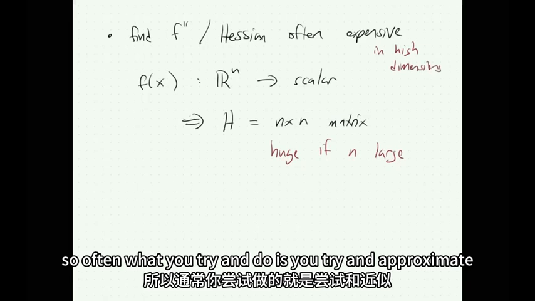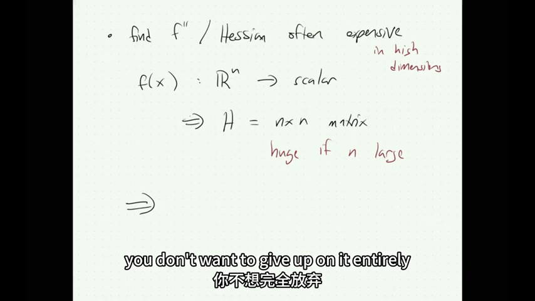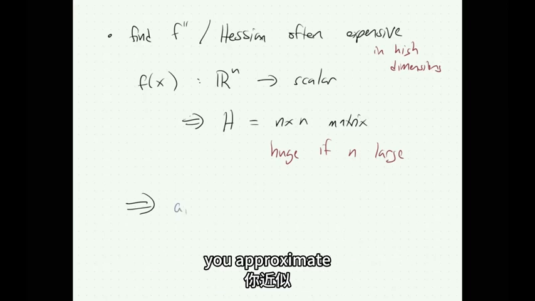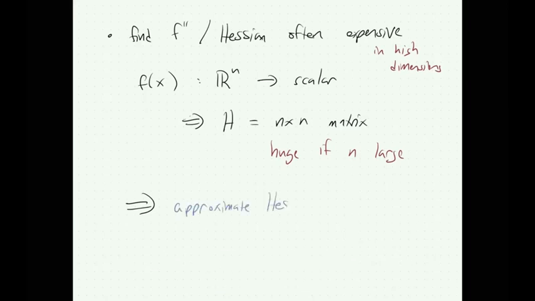So often what you try and do is approximate. You don't want to give up on it entirely. You approximate the Hessian in various ways.